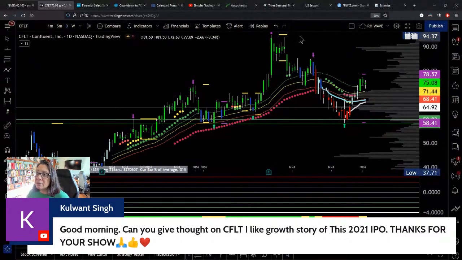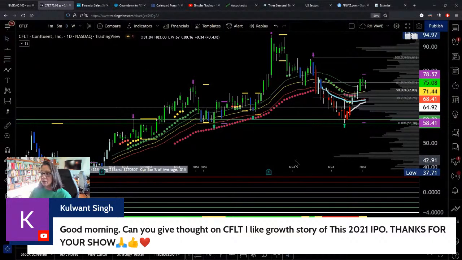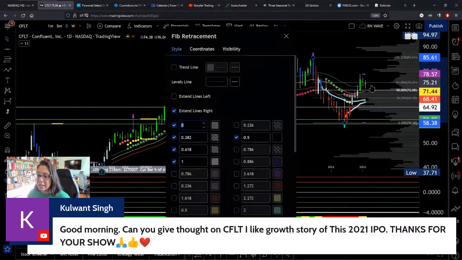But I would treat this as an oversold buy opportunity, which means we're in the middle of chop. We're in the middle of the desert, right? There's really very little clarity unless you want to take some Fibonacci levels and give it a little bit more structure. Take a look at the last major move. This is not complicated at all. Just look at where we are within the context of the last major move.